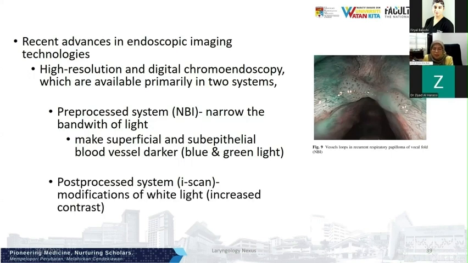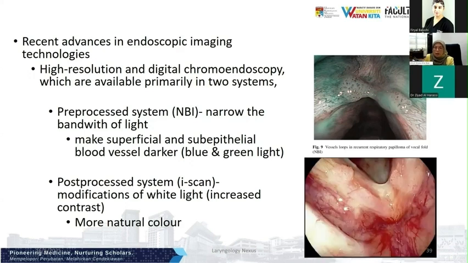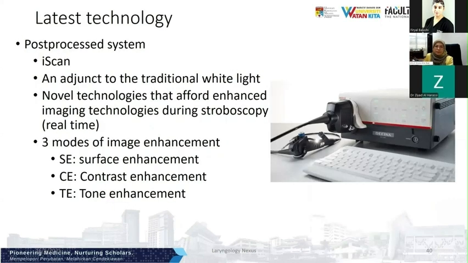Another system, iScan, is a post-process system, in which the image is taken and then the contrast is altered with the same aim to enhance the vascular pattern. It is not green light, it is more natural, which is red, and you can see the vascular pattern when the contrast is adjusted.